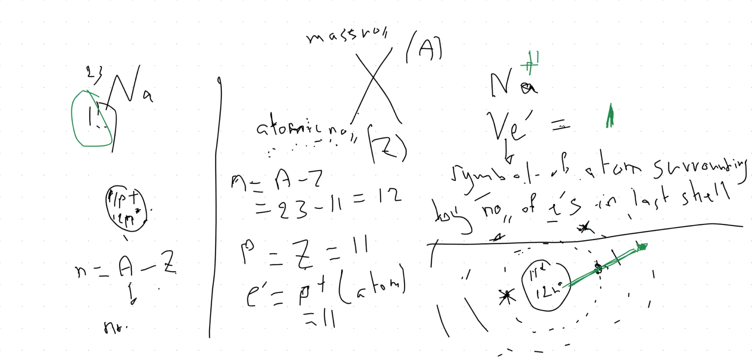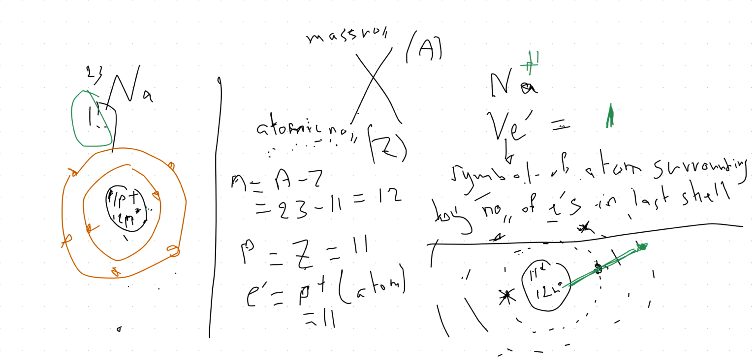Let's continue here to see the shells. This is the first shell, 2 electrons. This is the second shell. How much is still left?